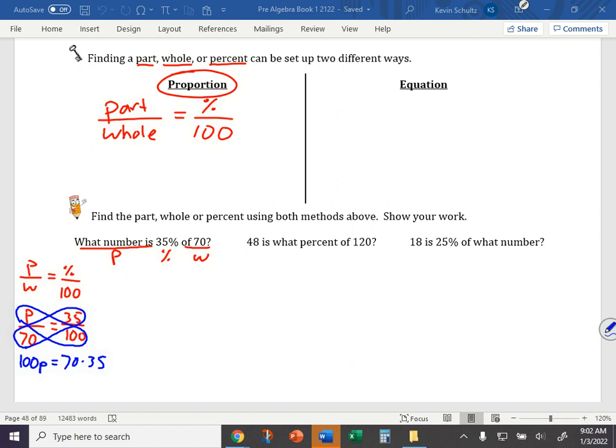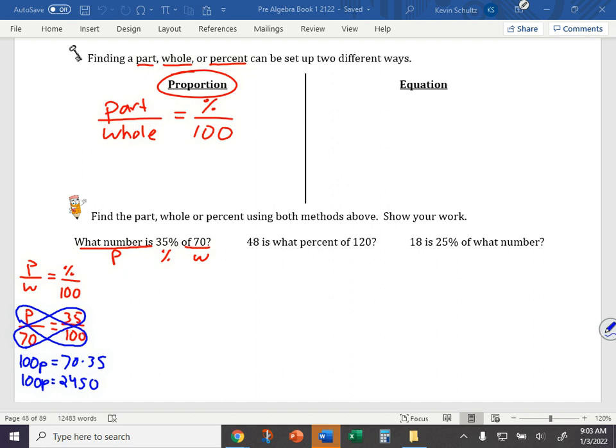So if you don't have one, get one, because you're not allowed to share. What is 70 times 35? Lexi? 2,450. Do we have a second? Yep. Okay. So 100p equals 2,450.